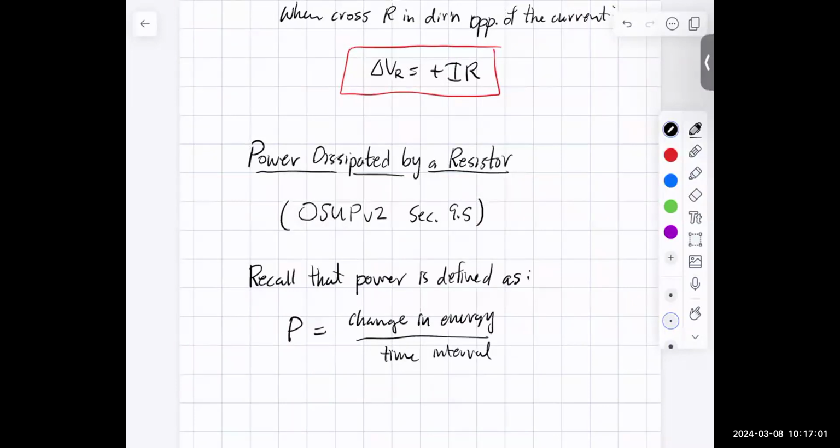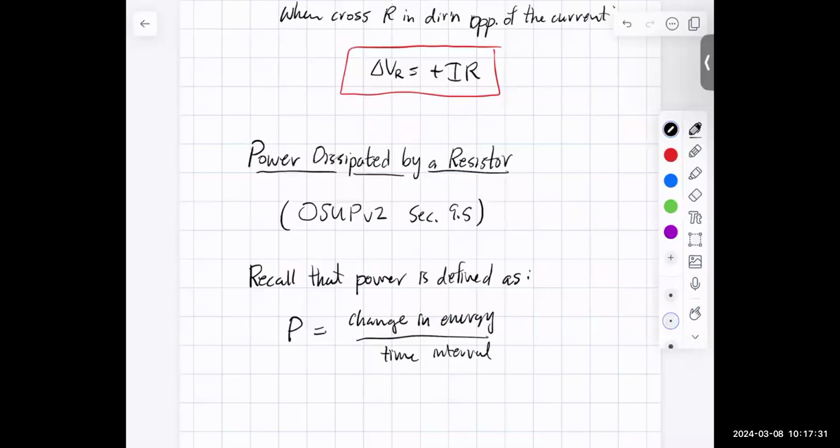Work was force times, the simplest version of work is force times displacement, and that's a change in energy. So if I take the pen and I drop it, it moves through the gravitational field, there's a gravitational force acting on it. If I take its displacement times the force that's acting on it, that's its change in energy. That's how much kinetic energy it would gain.